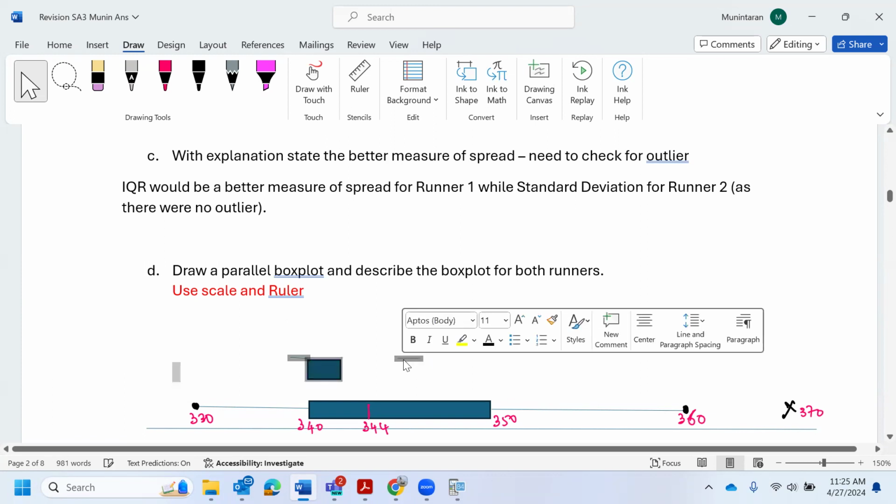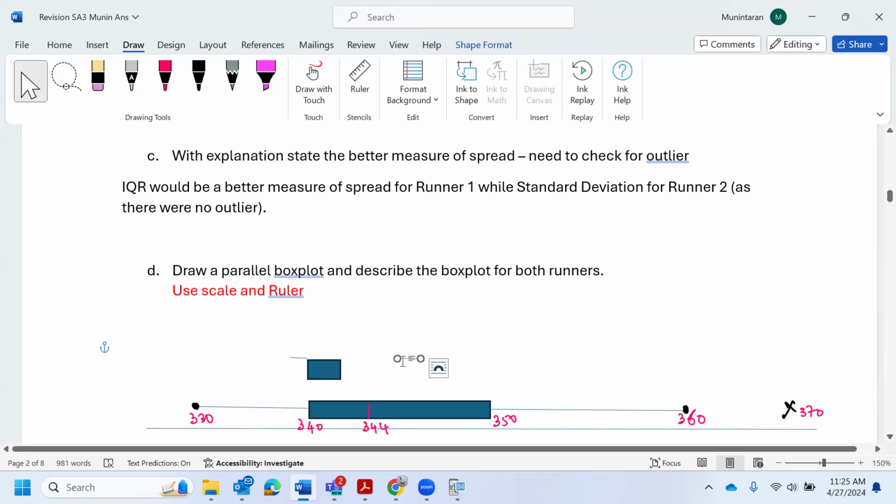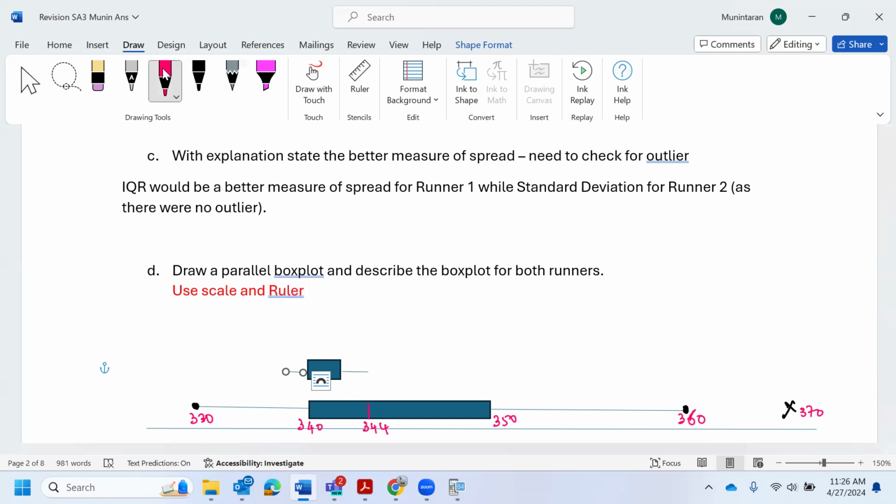I'm drawing better, right? Okay, both has same Q1, so I think mine is perfect.